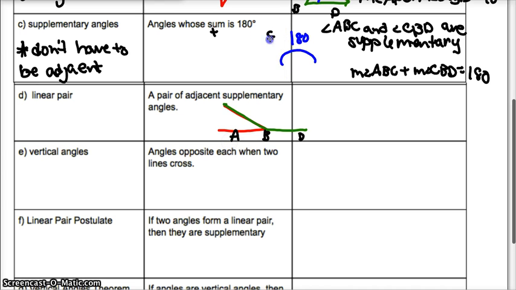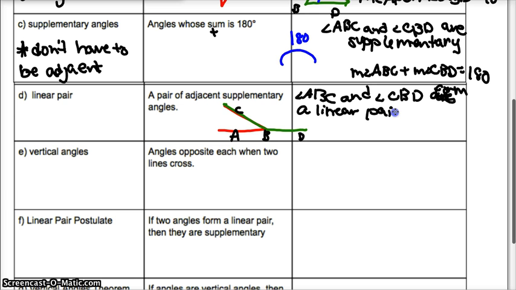I have all the same labels, and what's different here is that instead of just calling them supplementary, I'm going to be even more specific and say that angle ABC and angle CBD form a linear pair. These aren't going to be pulled apart.